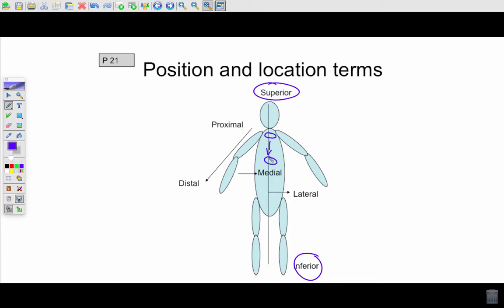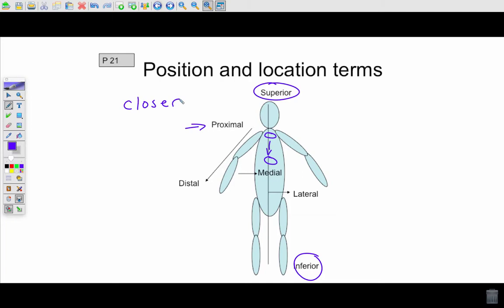Proximal and distal, for our purposes right now, we're just going to talk about them with our extremities. The proximal portion of your extremity is closer to the point of attachment.